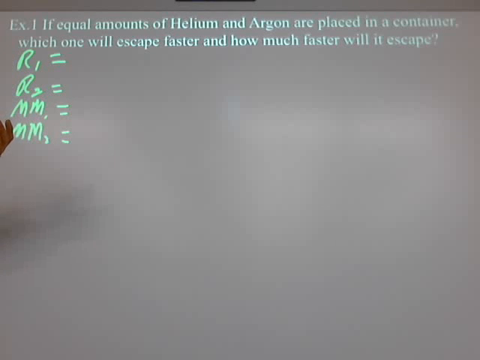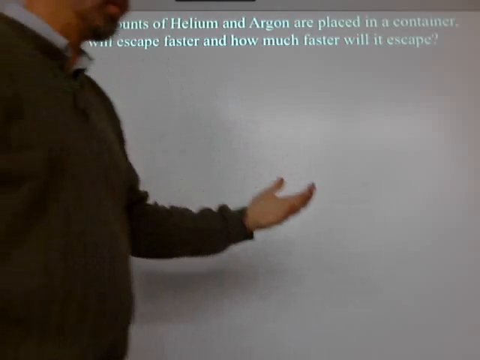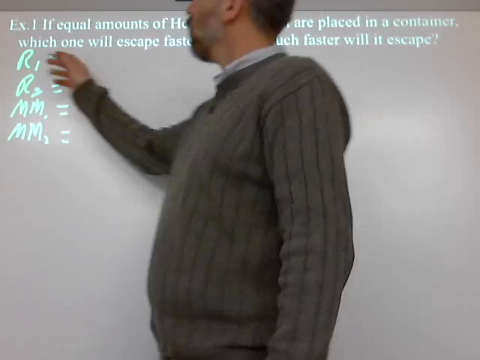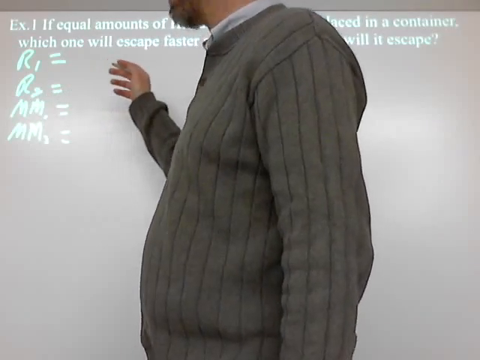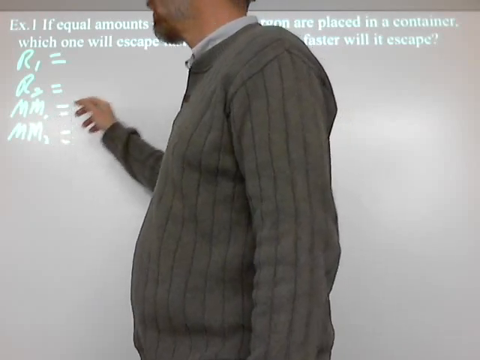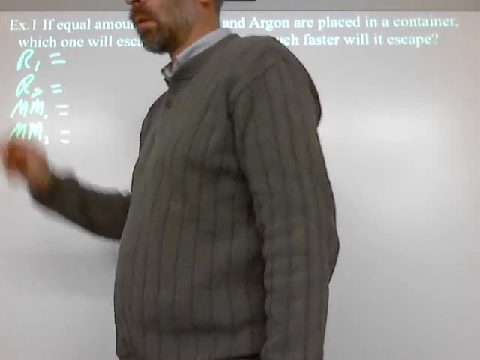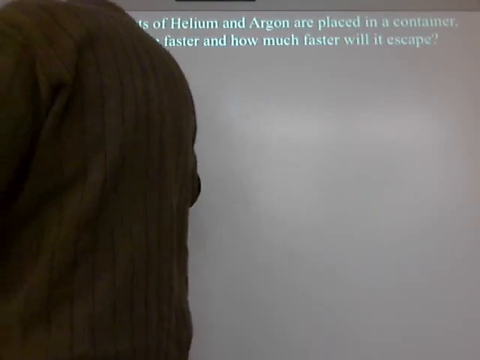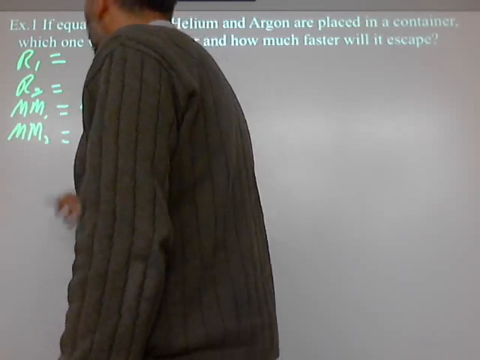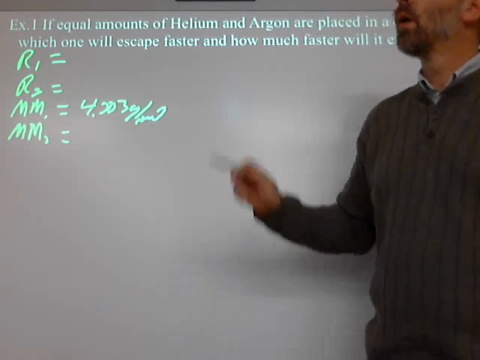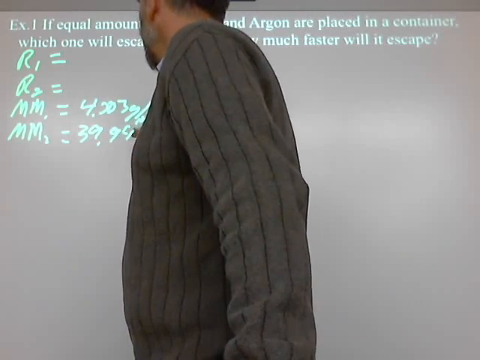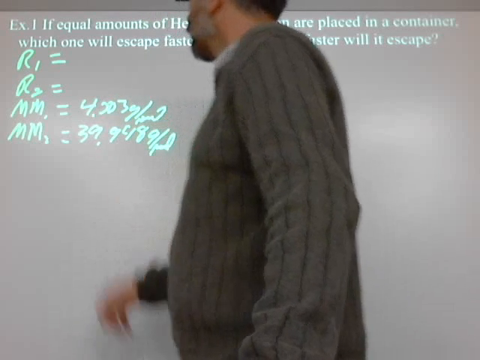For example, if they're going to be half as fast, or twice as fast, or 3 times as fast, I don't really care what the absolute value of the rate is. It's only a comparison. What is the molar mass of the helium? 4.003 grams per mole. And what is the molar mass of argon? 39.948 grams per mole.